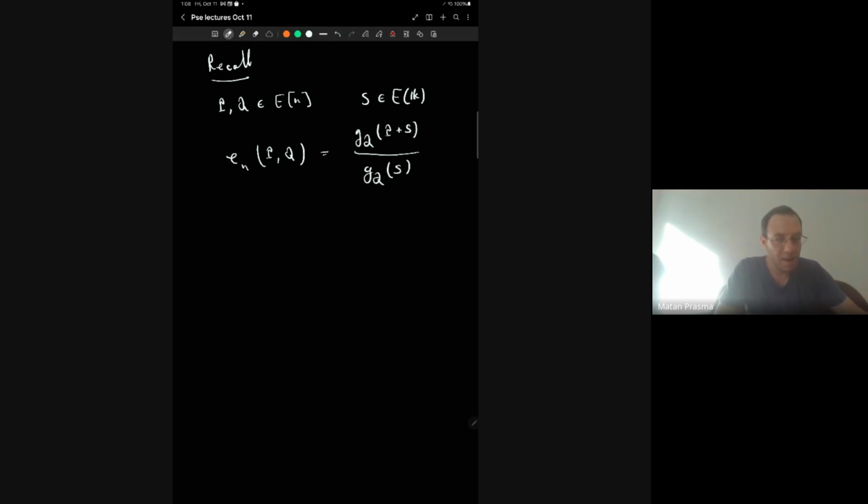But the function g_Q is defined by a divisor relation. Let me just recall this.